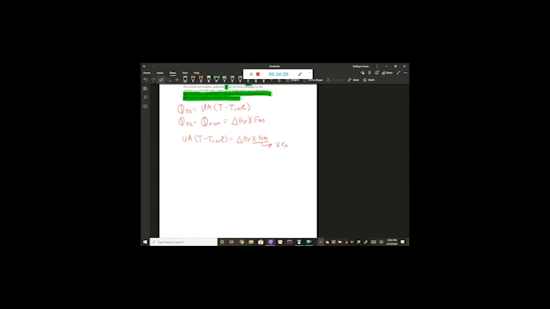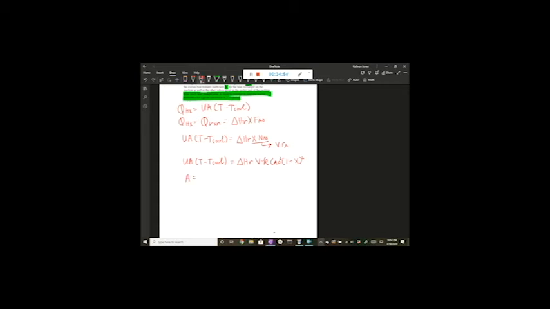Sorry, I'm mincing words here a little bit. So plugging that in and plugging in for RA, we have UA times (T minus T cool) is equal to delta HR times volume times K Ca naught times (1 minus X). Of course, both of these are squared because it's second order. And now we just solve for A.